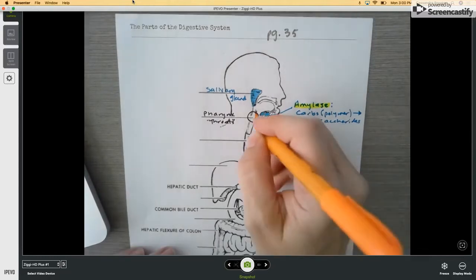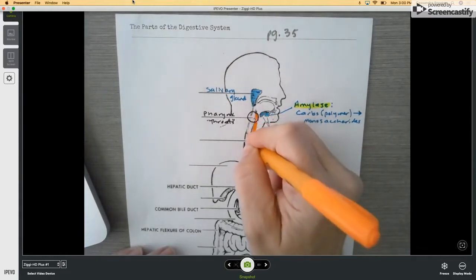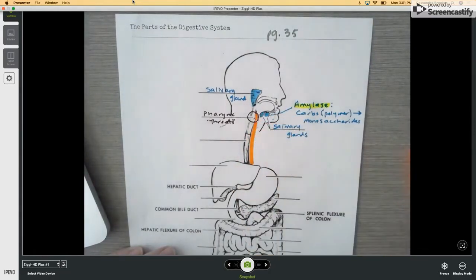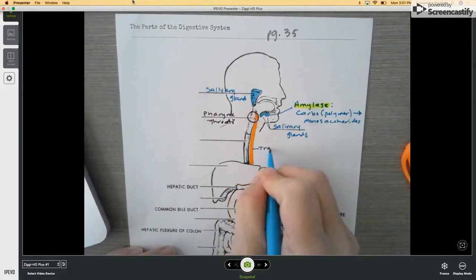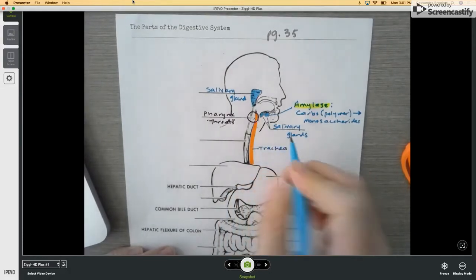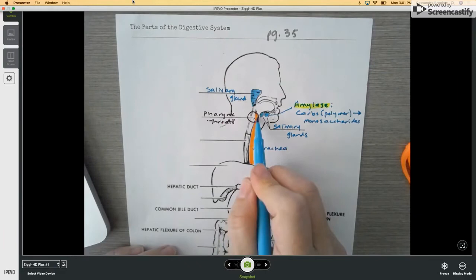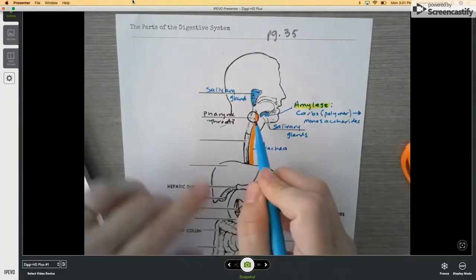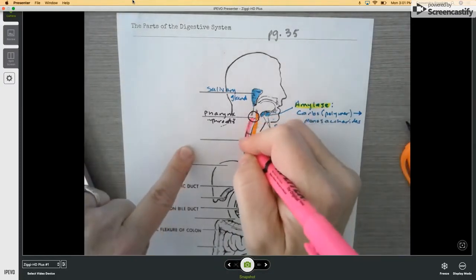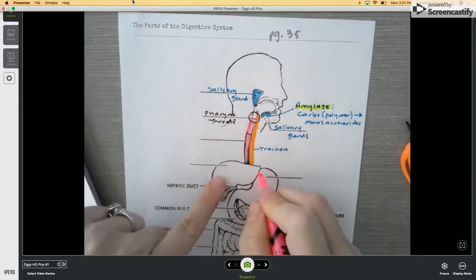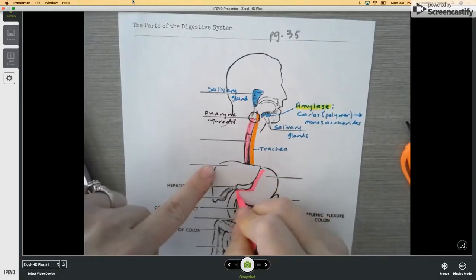So a tube that runs parallel to your digestive system is one called the windpipe, which is connected to your lungs. So this is called your windpipe, also known as your trachea. And when you swallow, you need to block the trachea so you don't choke or drown on some sort of liquid, because you want to keep the food funneled into this long tube called the esophagus, which runs behind the liver and is connected to this region right here called your stomach.